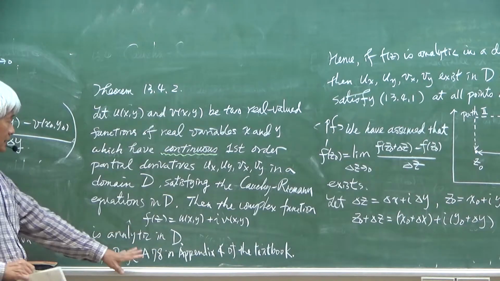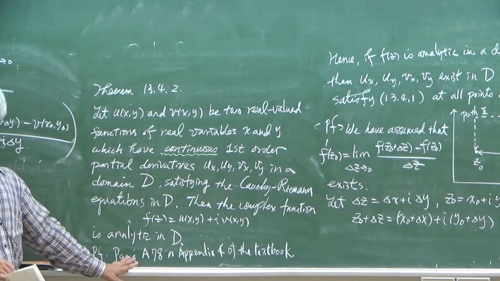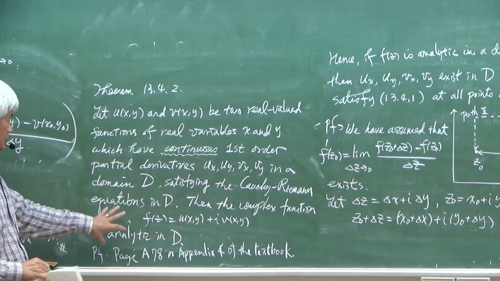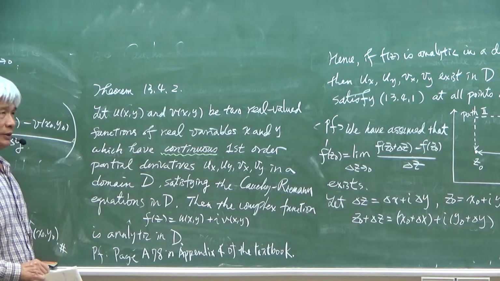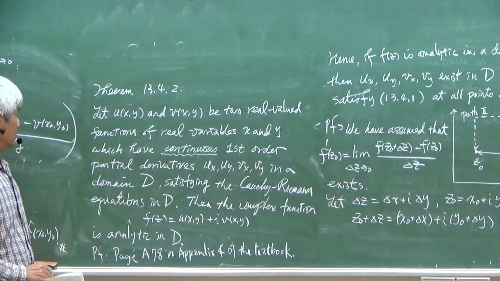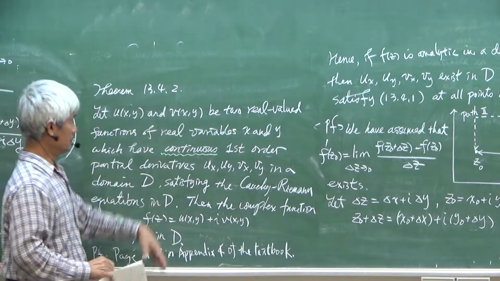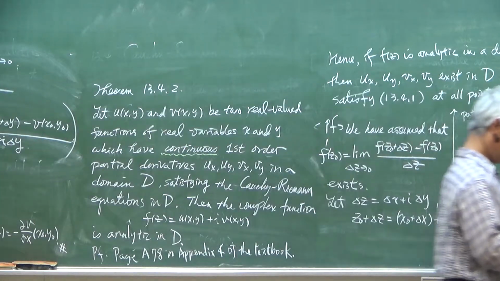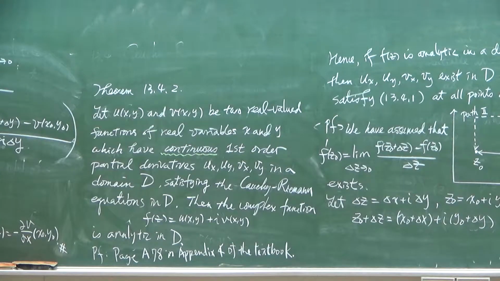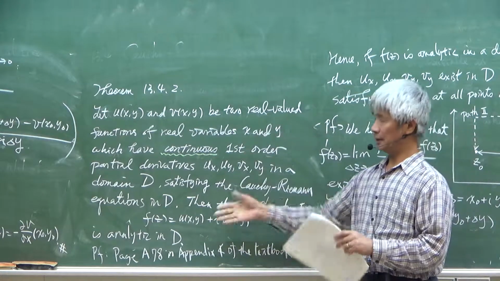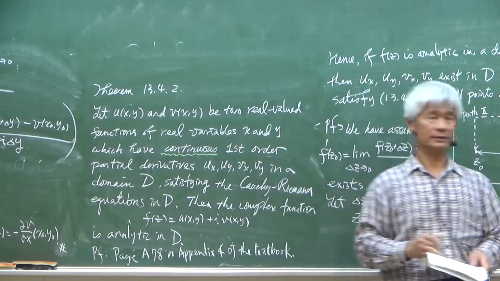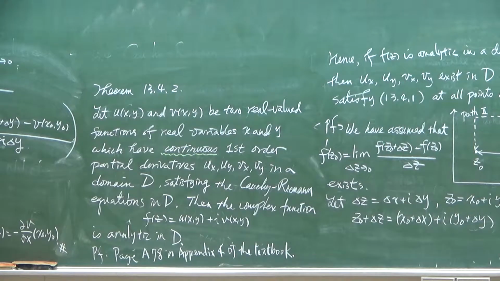And we will study a lot on analytic functions. Analytic functions are in the central role of complex analysis. Right. So this is a very constructive way to construct an analytic function. Any questions?